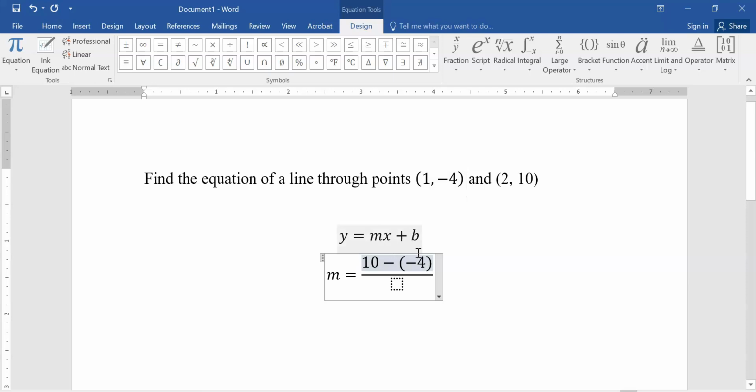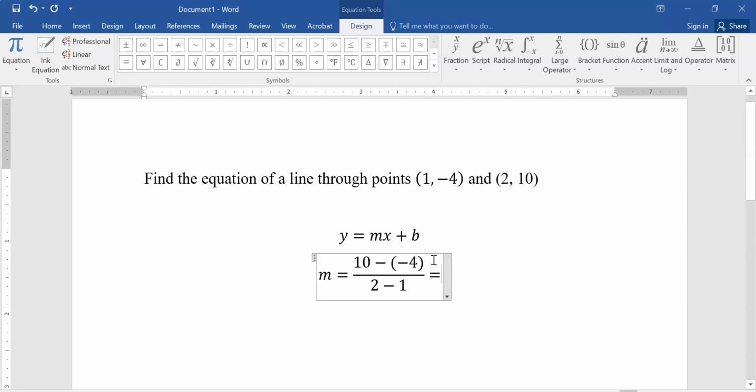So 10 minus -4. Don't let that throw you off. And then my x values, we're going to do 2 minus 1. Notice I had to start with the 2 because I started with the 10 on top. In other words, I always start with the second point numbers first. So 10 and 2 lead off here.